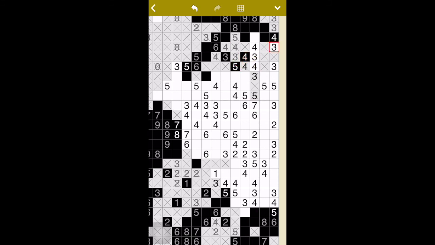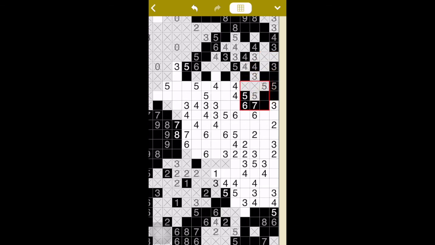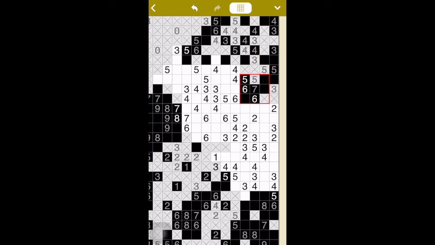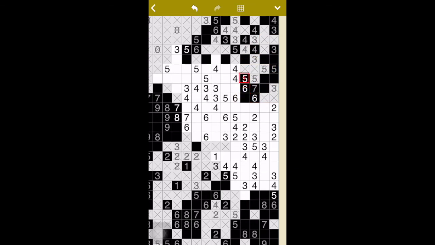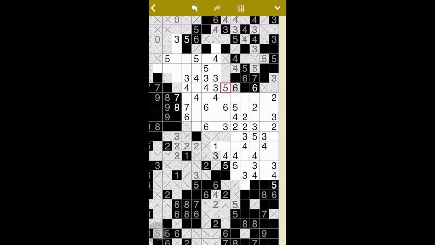I could do that. 4 and 3 this way. Okay, 4 and 4, same numbers. Okay, difference of 1, 6 and 5. Difference of 2, 5 and 3. 4 and 3, difference of 1, right?